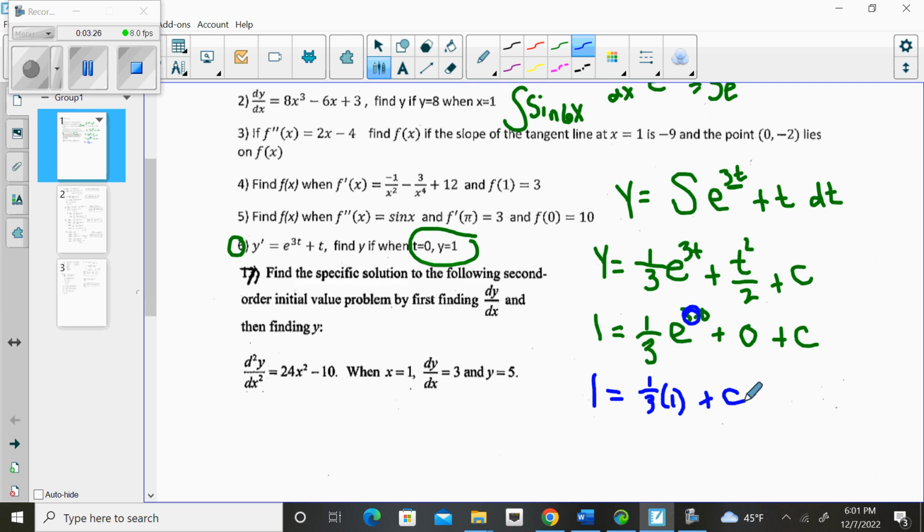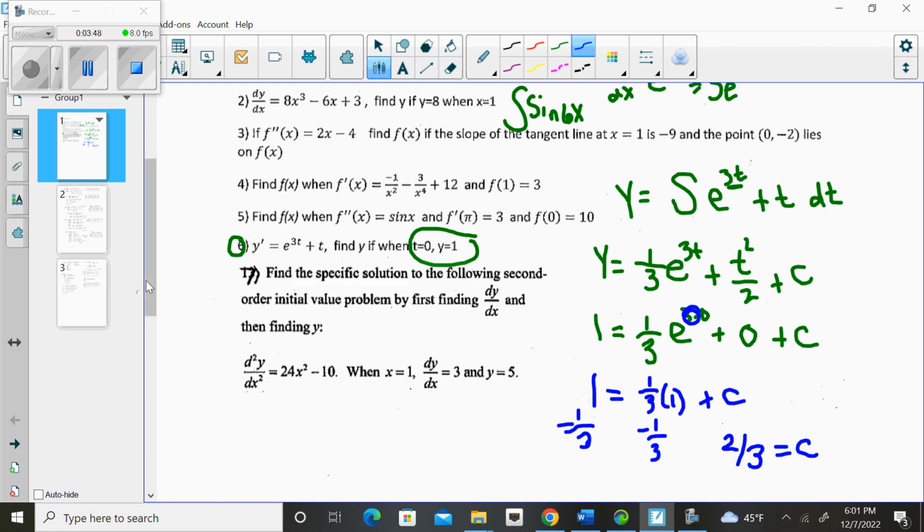So what is c? 1/3 times 1 is just 1/3. Subtract 1/3 from both sides. I hope we're good enough at this math that we don't have to grab our calculators. If I have a whole and I take away 1/3, I'm left with 2/3. So that's my value of c.